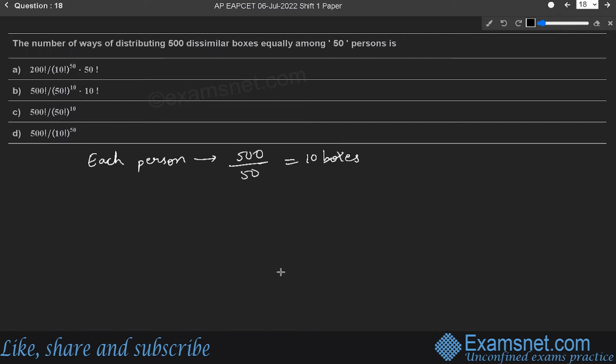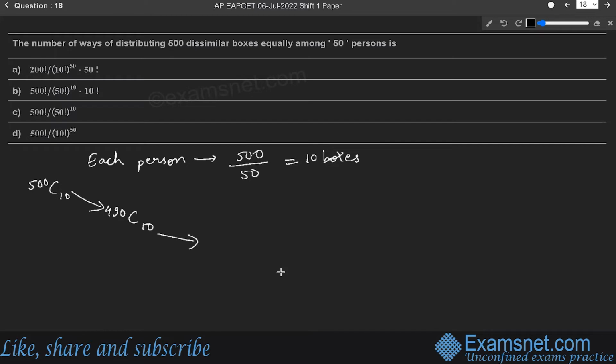Now, the 10 things can be distributed among 50 people in such a way that the first person will get 10 boxes from the remaining 490 boxes. In 490C10 ways, and before it, it will be 500C10. The next person will get 10 boxes from the remaining 490 boxes.